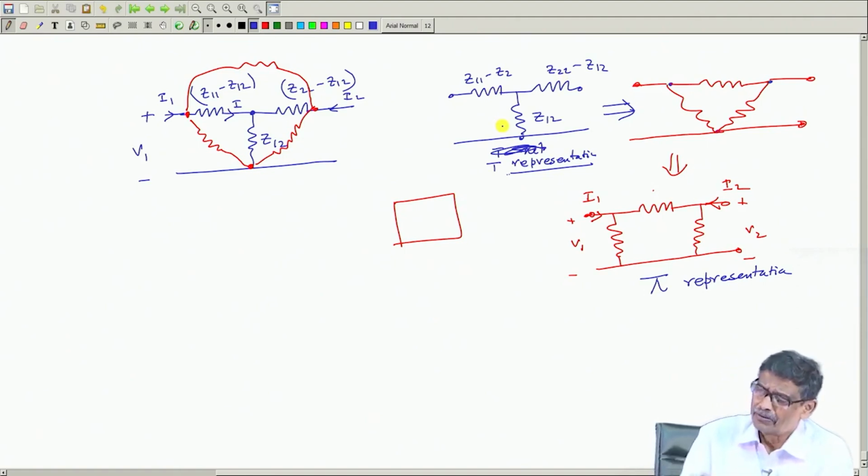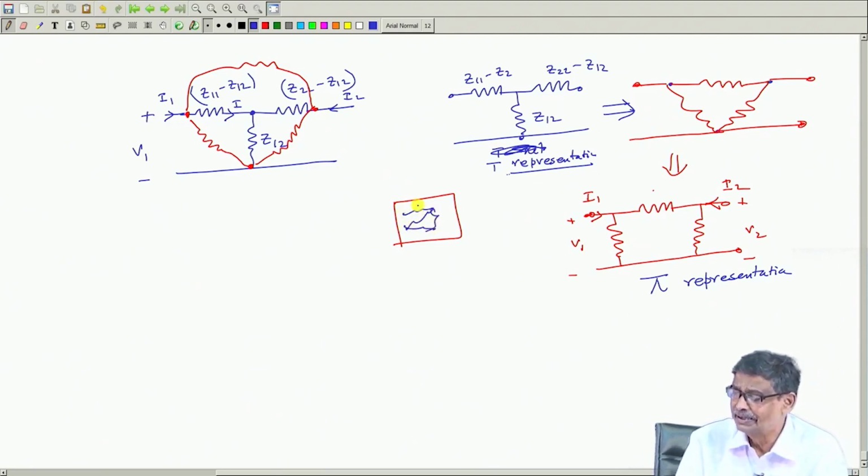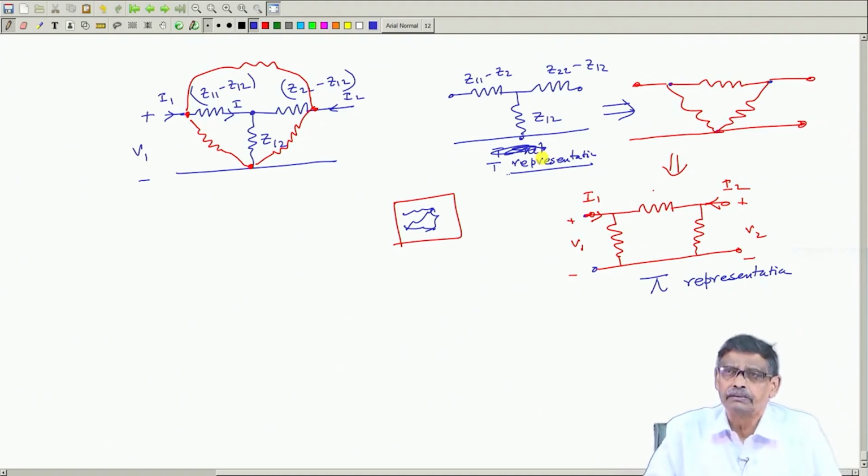Therefore, remember that however complex the way the impedances are connected inside, eventually, with respect to the input and output ports, you can consider them to be some lumped parameters connected in T fashion or delta fashion, pi fashion, and this is widely used in power system representation. And we will continue further with our discussion.